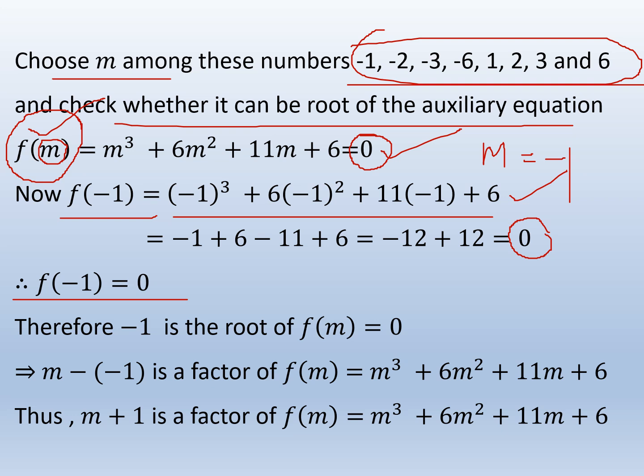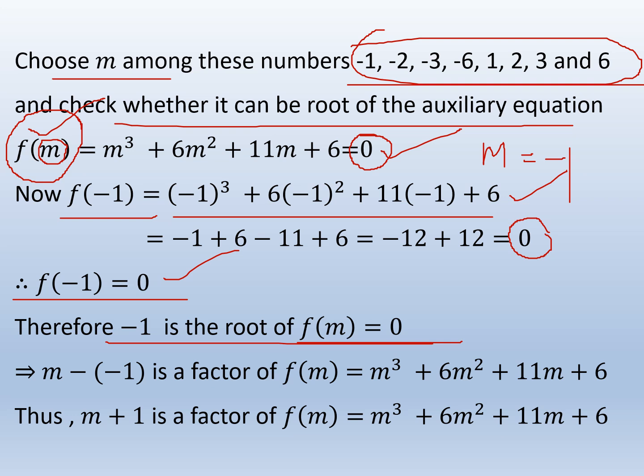Here remember one point. We can check with the other numbers also to satisfy f of m is equal to 0. If we won't get f of minus 1 is equal to 0, we would try another number, but here we got f of minus 1 is equal to 0. Therefore, minus 1 is the root of the auxiliary equation f of m is equal to 0.